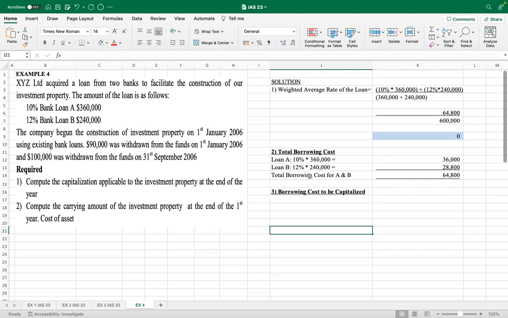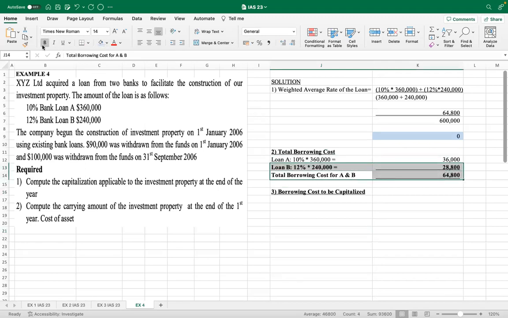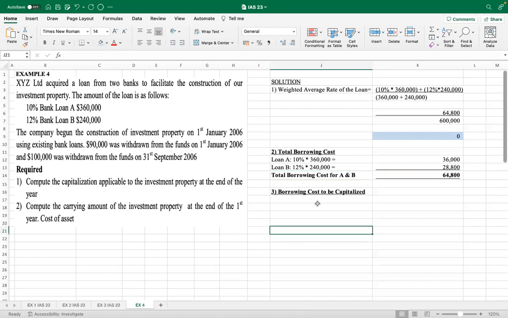What is the borrowing cost? The total borrowing cost is 64,800. But now, when there is an average interest rate, I need to calculate the borrowing cost to be capitalized.